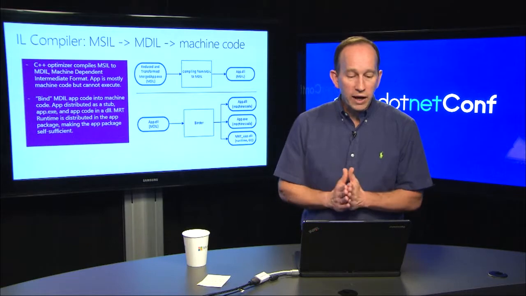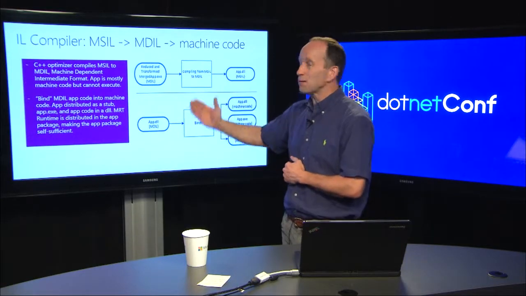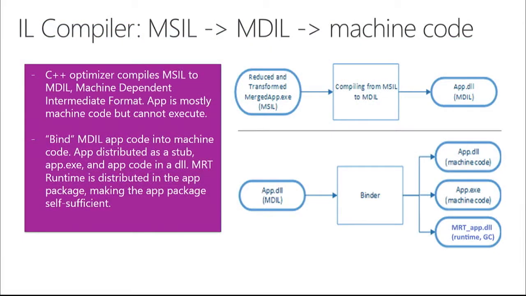So this compiler here is the C++ optimizer, and this is nice because we can share optimizations with the C++ team as they bring them online for .NET Native. And then binding, which is also done in the store as opposed to Triton where it's done on the user's device, binding produces an application that works.